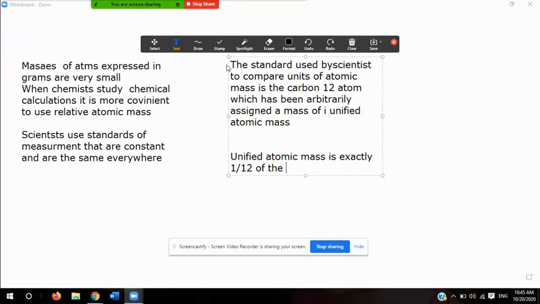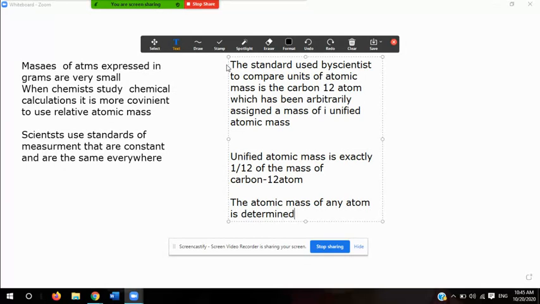The atomic mass of any atom, and this is also important to know, is determined by comparing it with the mass of carbon 12.